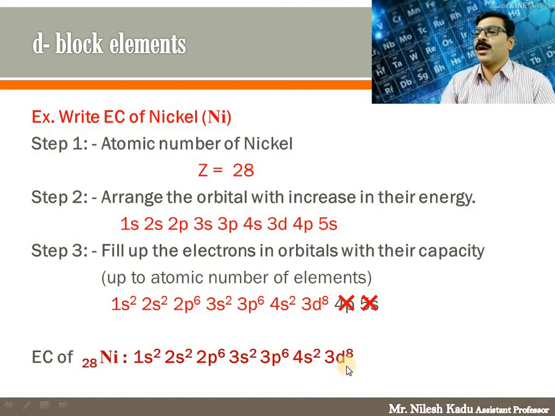The last electron enters the d orbital, so nickel is a d block element. In this way you can write the complete electronic configuration of a d block element on the basis of 3 steps.